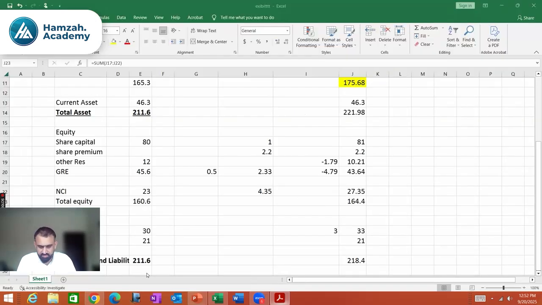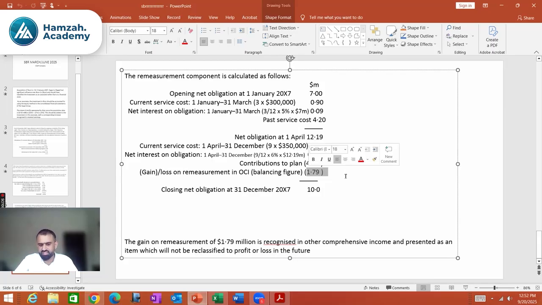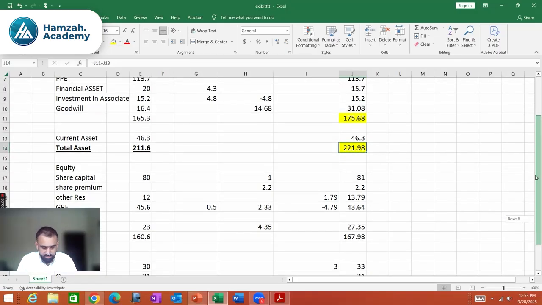Okay, yes, just a minute. Look at here. This is 1.79. I treated this as a loss, but it is a gain. It is a reduction in liability. So just a minute. Yes, now you can see here the equal. So that was basically the gain that needs to be credited in other reserve. So here you can see the balance sheet is equal.